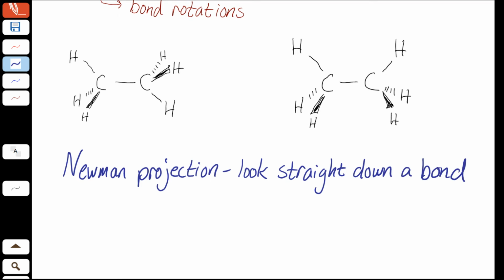Now that's great, but we need to actually express like what the front and the back is, otherwise we're going to be confused.